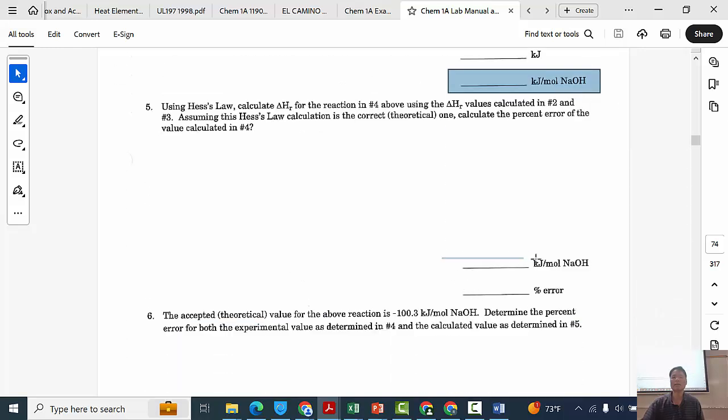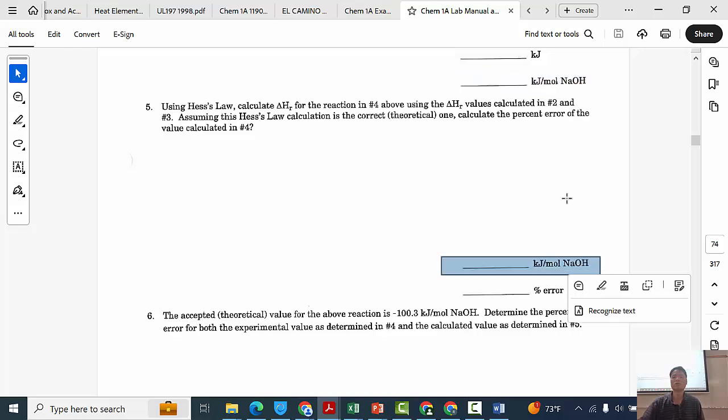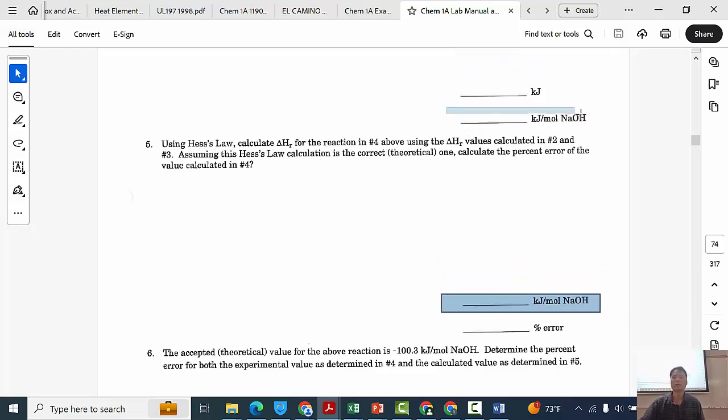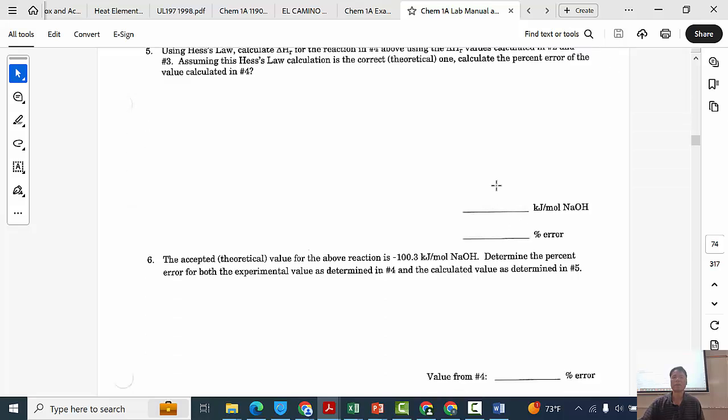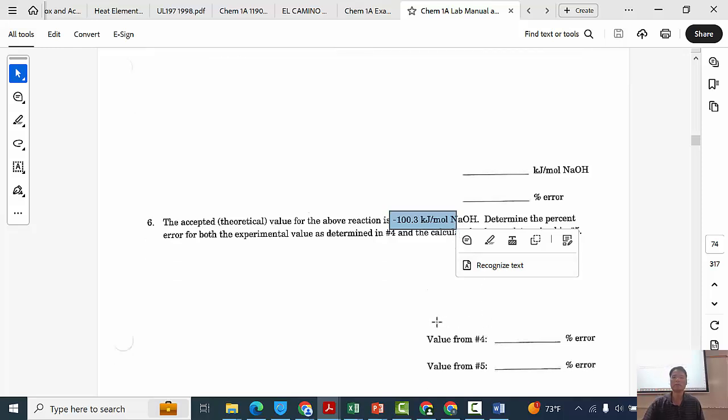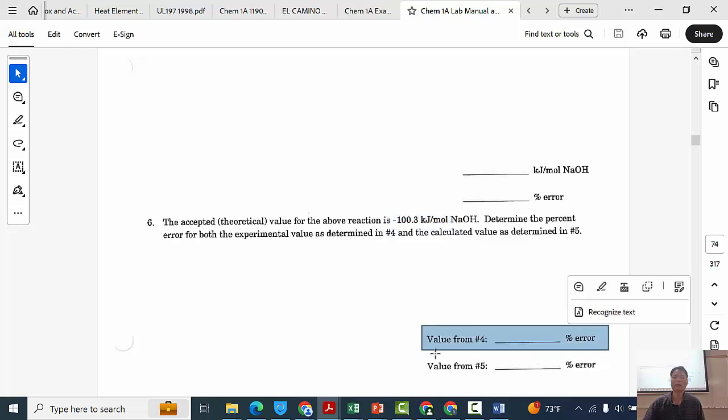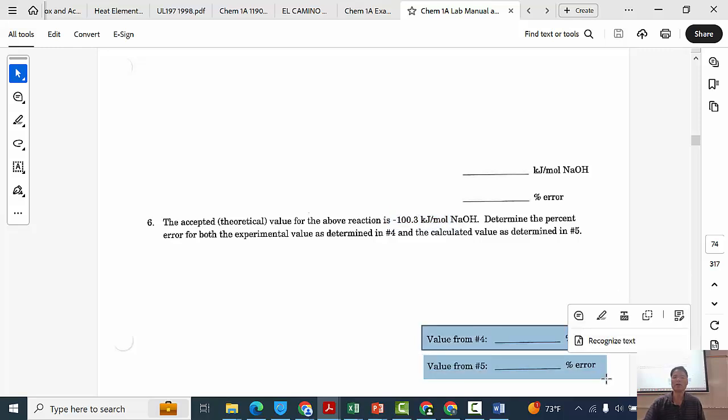We just calculate it, write it here. 2, calorimetry. We just write the answer from calorimetry there and then compare. And they give us a theoretical value for this here, and so we could see how close we are. So we're going to determine the percent error from calorimetry and the percent error from Hess's law.